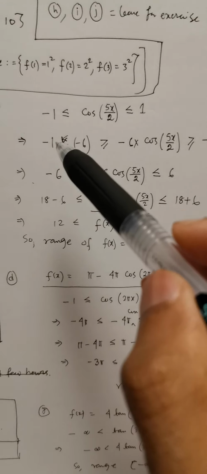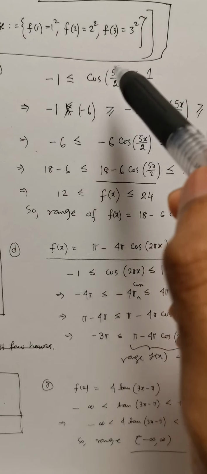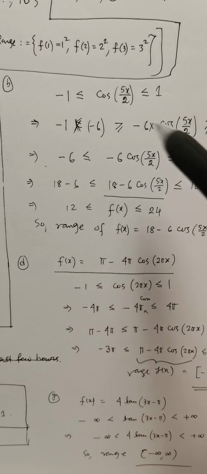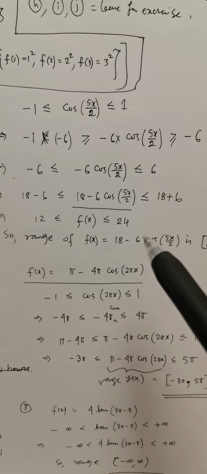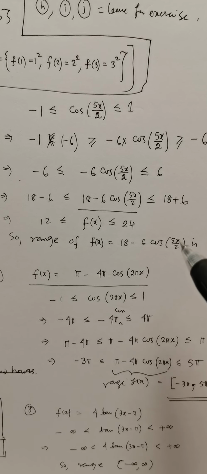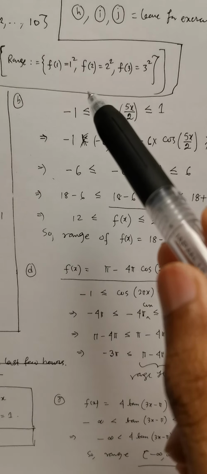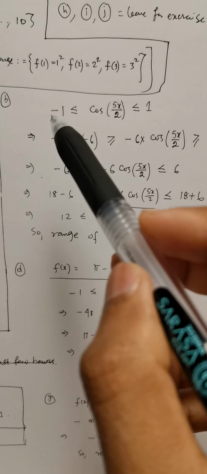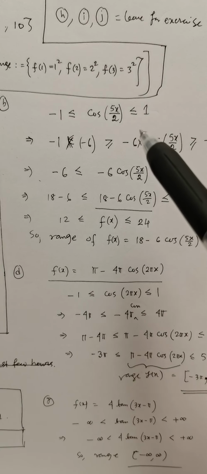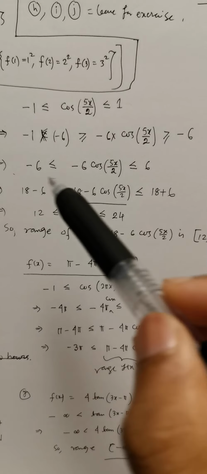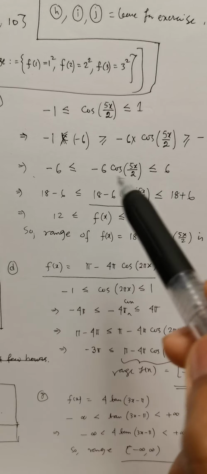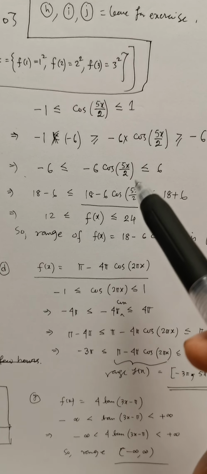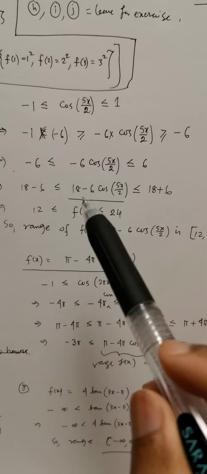Now B, similarly for cos x, whatever is inside the cos, it will always be between -1 and +1. The function given is 18 minus 6 cos 5x by 2. So -1 is less than or equal to cos of 5x by 2, which is less than or equal to +1. If you multiply all sides by -6, you get -6 less than or equal to minus 6 cos 5x by 2, less than or equal to 6.